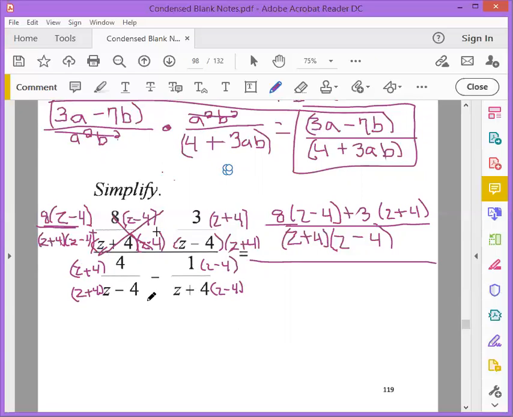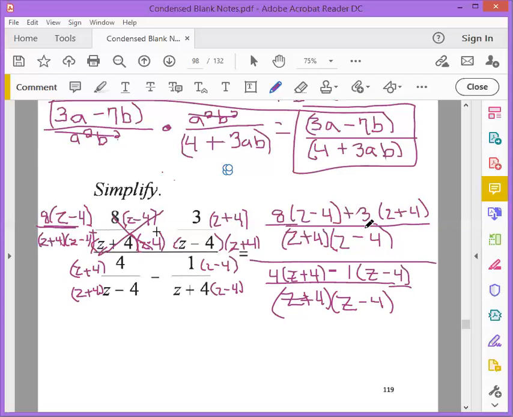Now, when we do that, we have our common denominator of z plus 4 times z minus 4. And in the numerator, we have 4 times z plus 4 from the fraction on the left, minus 1 times z minus 4 from the fraction on the right.